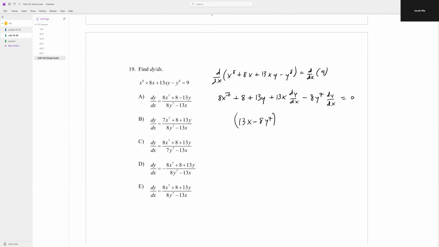Okay, factoring out dy dx, then moving those other ones to the right side. And we're going to keep them all positive, so just have a negative in front of the parentheses. That seems to match the answer choices more. And then divide both sides by 13x minus 8 times y to the 7th.